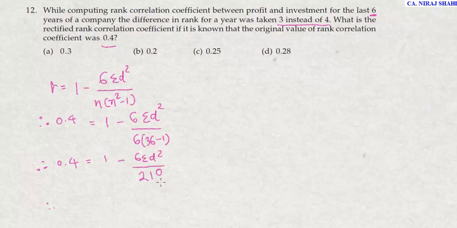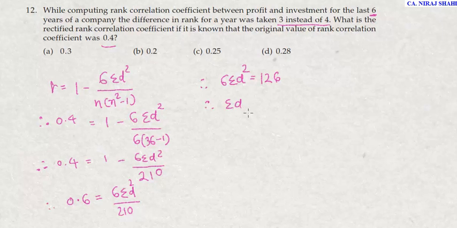So now I can say, let me take this whole expression, minus 6 sigma d square divided by 210, on the left side and this 0.4 on the right side. So I can say 0.6 is equal to 6 sigma d square divided by 210. So that's why 6 sigma d square is equal to 126.